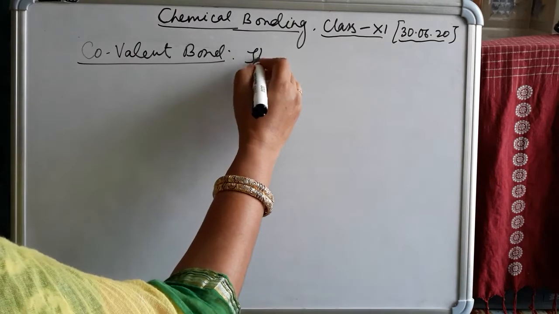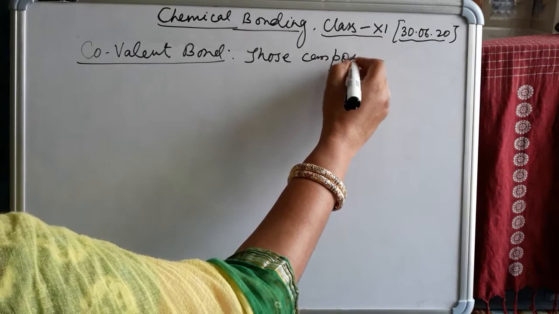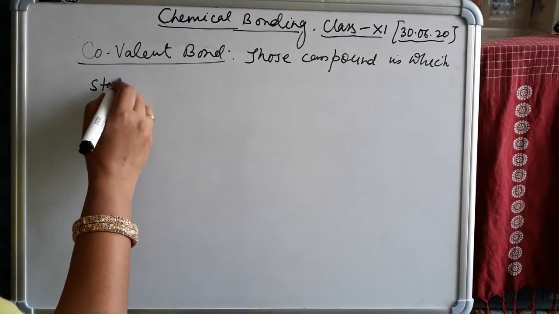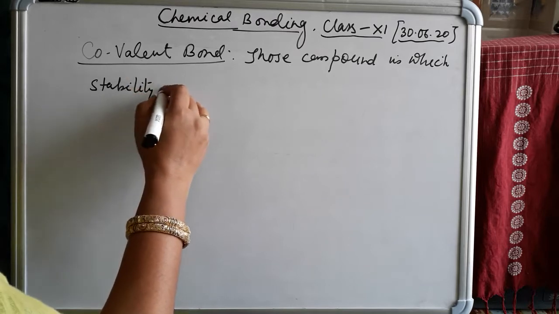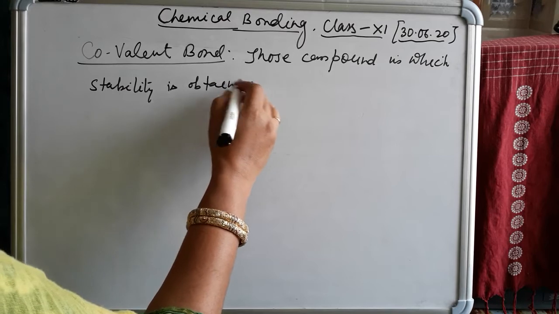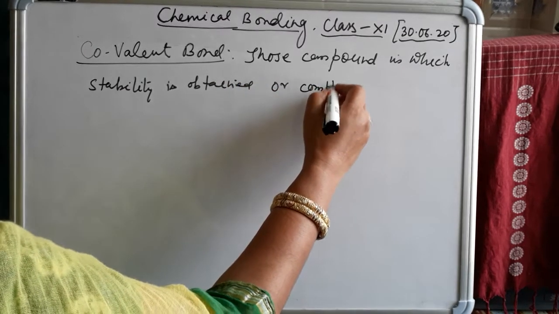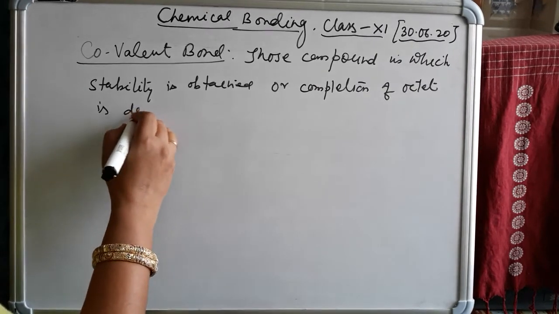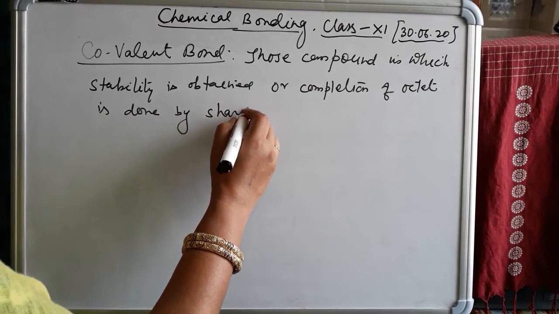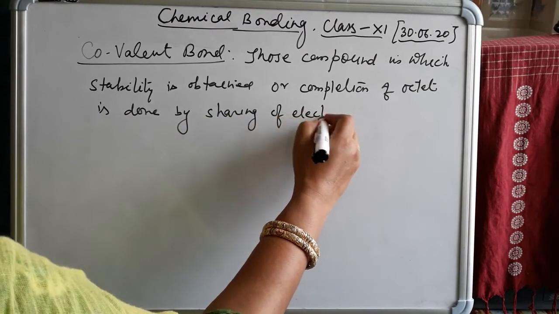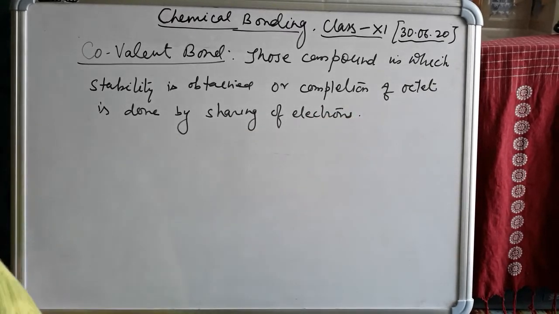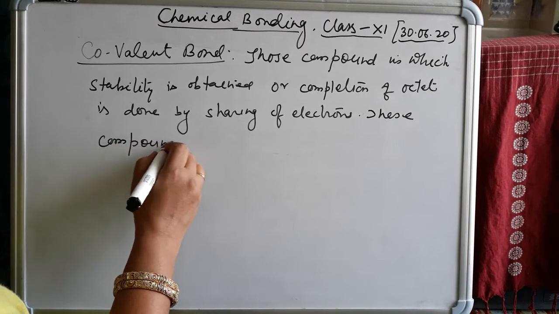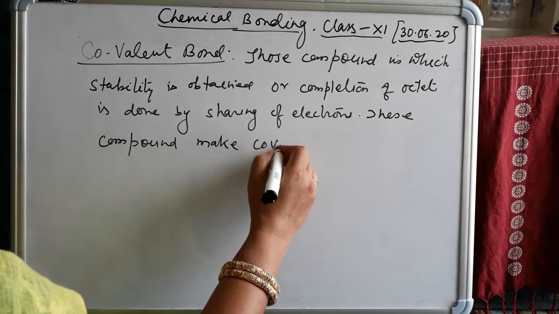Those compounds in which stability is obtained, or completion of the octet is done, by sharing of electrons make a covalent bond.